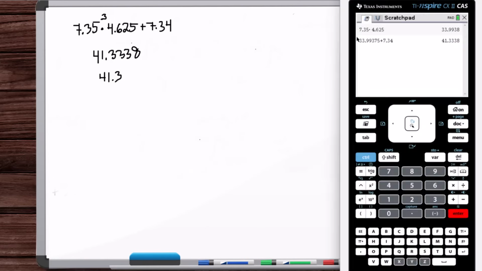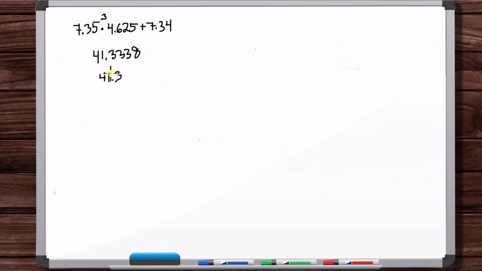You don't round this to 34.0 and then add to 7.34. You want to conserve all of your precision. And you might be saying, aren't we presenting an answer that's too accurate if we do that? Isn't this answer kind of unrealistic? No, it's not. This is like the nominal answer. If you wanted to present this with an uncertainty, you would put plus or minus and an uncertainty value.